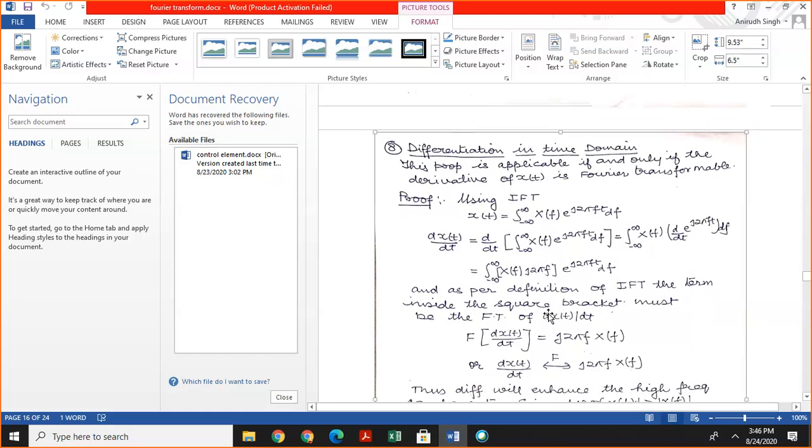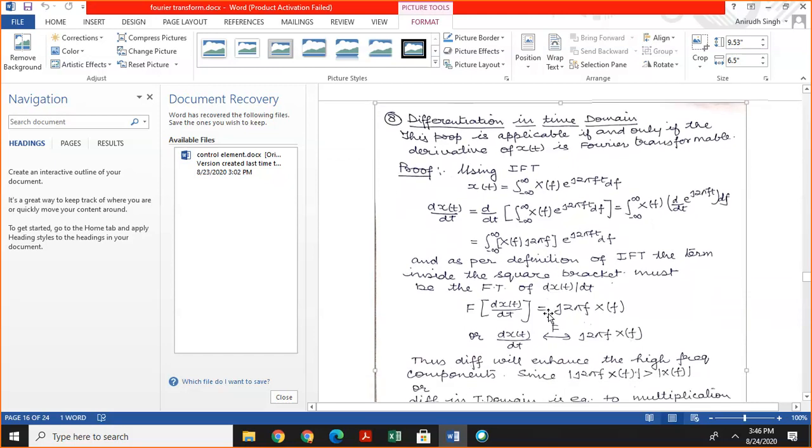Here we can say that this term is the inverse Fourier transform of dx by dt. So we can say that the Fourier transform of dx by dt is equal to j 2 pi f x of f.